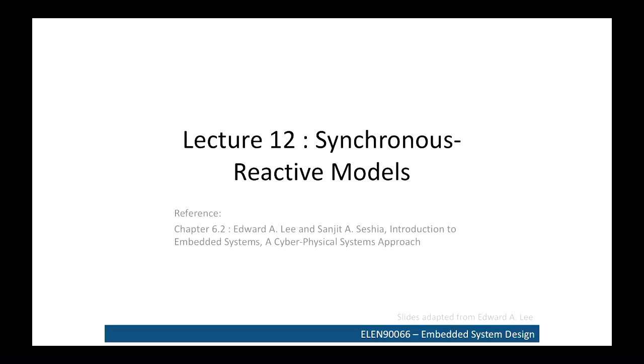Today we are going to be focusing on what are called synchronous reactive models. This is going to solve our feedback problem when we looked at concurrent composition beforehand. The reference for this is Chapter 6.1 and 6.2, and we're not going any further into Chapter 6.